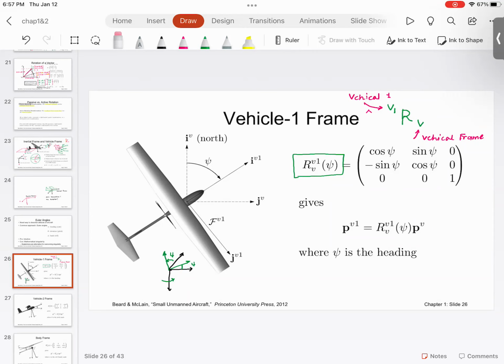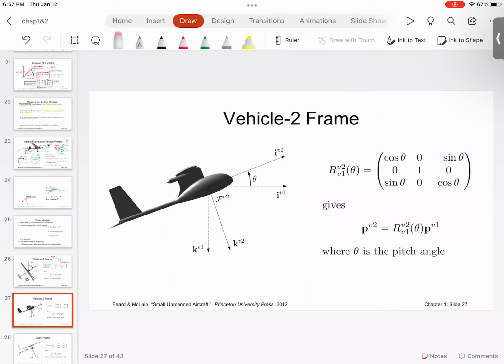Now comes the second transformation, which is going from vehicle 1 to vehicle 2 frame. I had a vehicle frame, I yawed the aircraft, and I got into vehicle 1 frame. Now I'm going to pitch the aircraft, and that takes me from vehicle 1 frame to vehicle 2 frame. Do you agree with me?